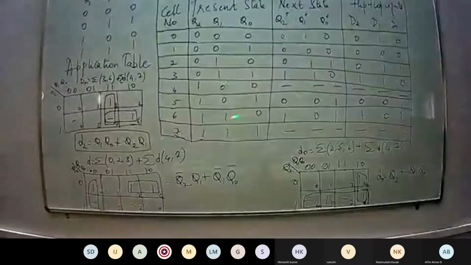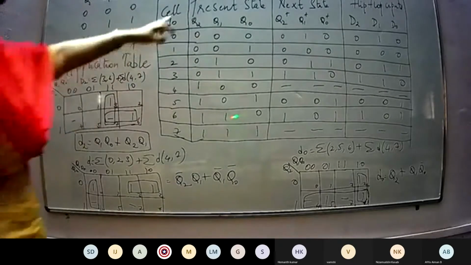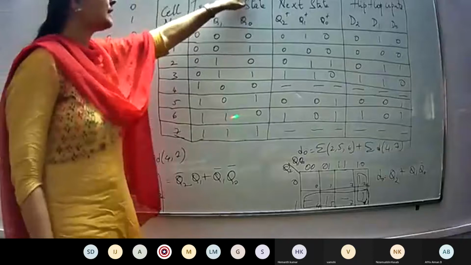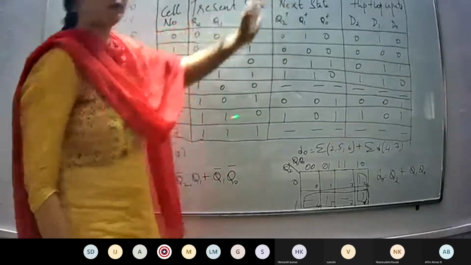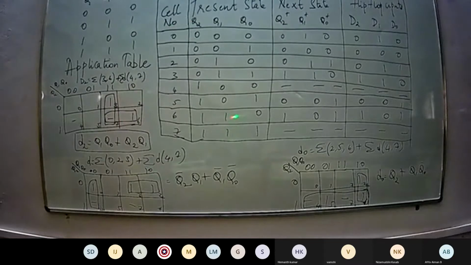You will write down the question: design a synchronous counter to sequence 0, 2, 3, 6, 5, 1, 0 using positive edge triggered D flip-flop.